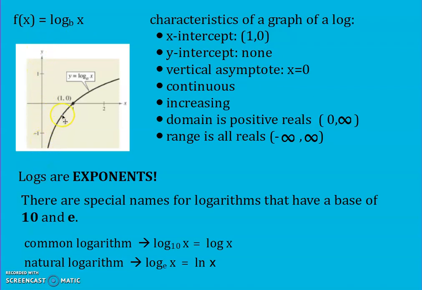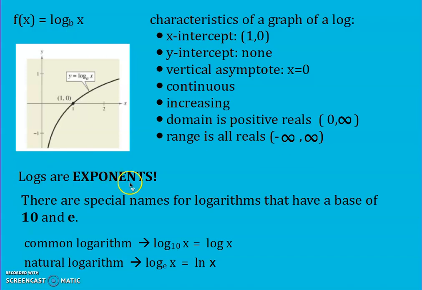This graph is going to be continuous. You can put your pencil down and trace it forever and ever without ever lifting your pencil. It's also going to be increasing from left to right. The domain is going to be all positive real numbers, starting at 0 going to infinity, parentheses on both ends. 0 is not included because that's where your asymptote is located. And then the range is all real numbers, negative infinity to infinity.